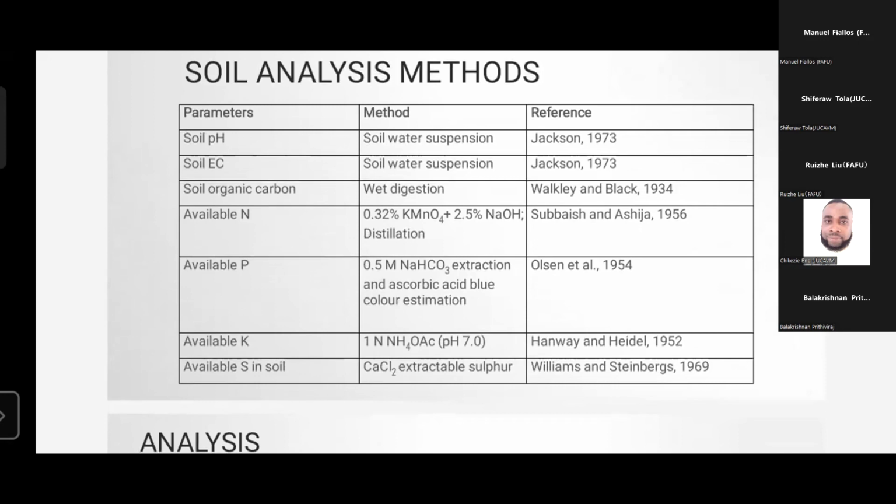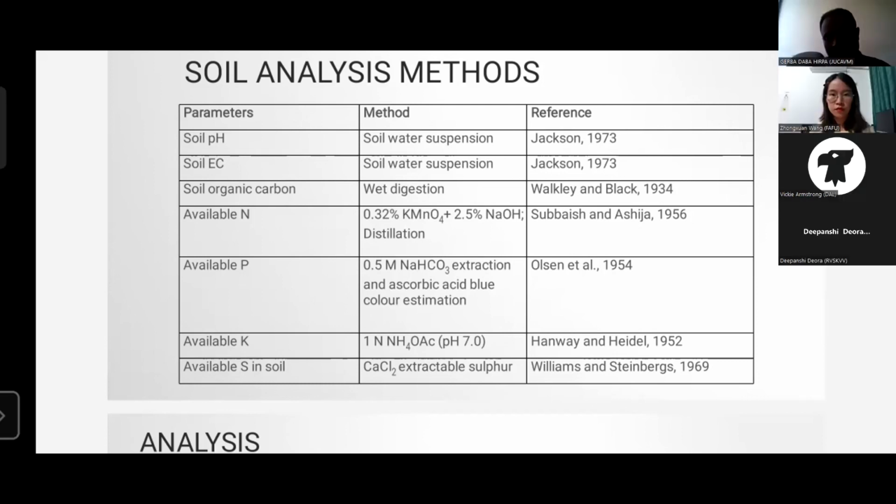For soil pH, the method was soil water suspension, given by Jackson in 1973. Soil EC, that is electrical conductivity, same soil water suspension given by Jackson in 1973. Soil organic carbon, by wet digestion, given by Walkley and Black in 1934. Available nitrogen method was 0.32% KMnO4 plus 2.5% NaOH and distillation, given by Subbiah and Asija in 1956.